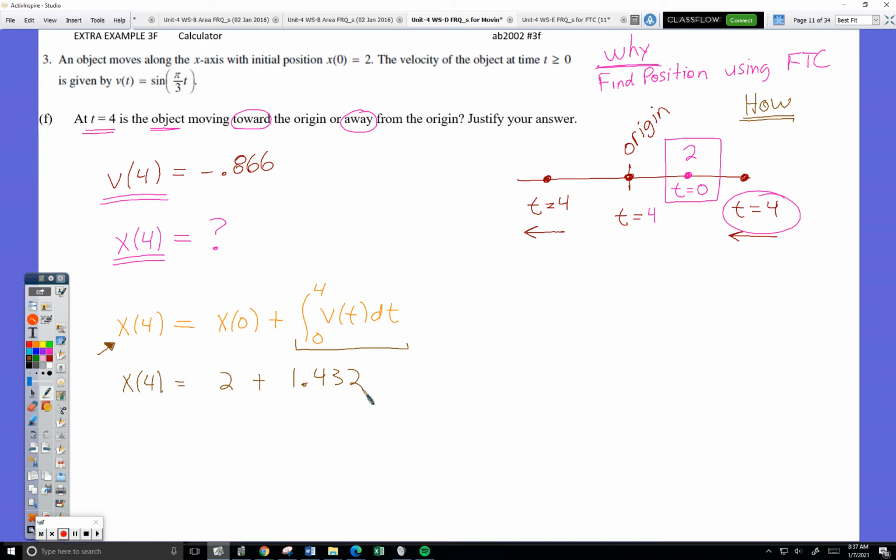The particle has actually moved to the right 1.432. The particle was already at location 2, so that means at time equal 4, the particle is at a location of 3.432.